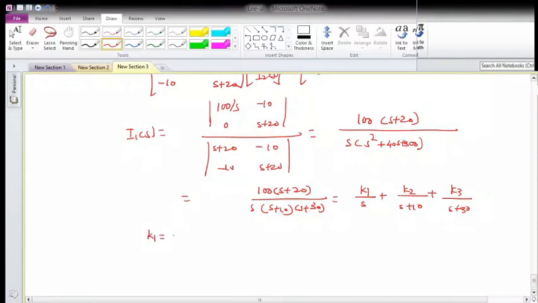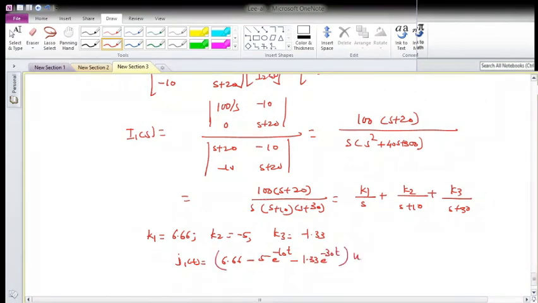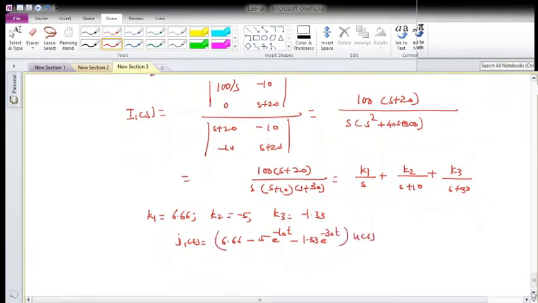So I got k1 as 6.66, k2 is -5, k3 is -1.33. So my I1(t) will be [6.66 - 5 e^(-10t) - 1.33 e^(-30t)] multiplied with u(t).